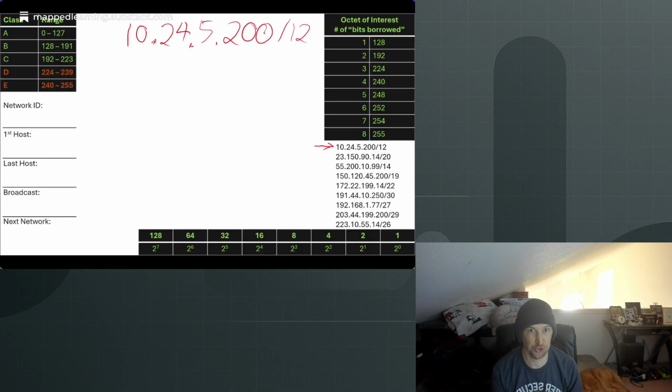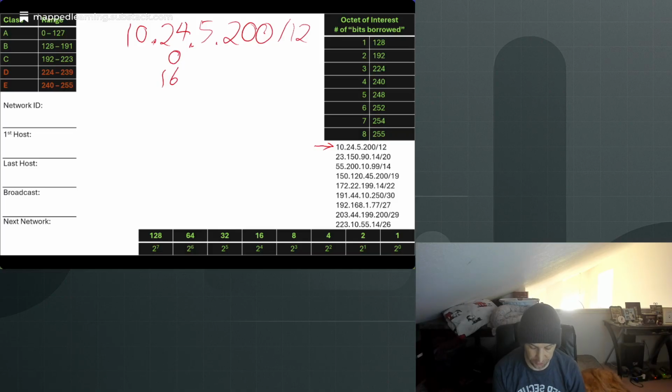We got the first subnet, now we want this one. Well, remember the magic number. If we start from 0 in the octet of interest, that tells us what the next network is when we add the magic number. So we have 0, 16. Is 16 larger than 24?